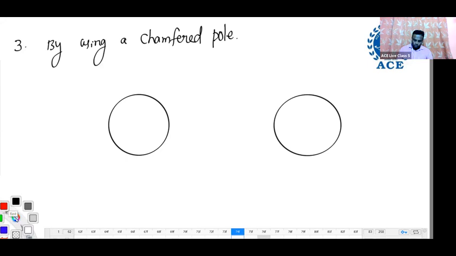Now I'm drawing two poles. Try to tell, out of these two, which pole is the chamfered pole.